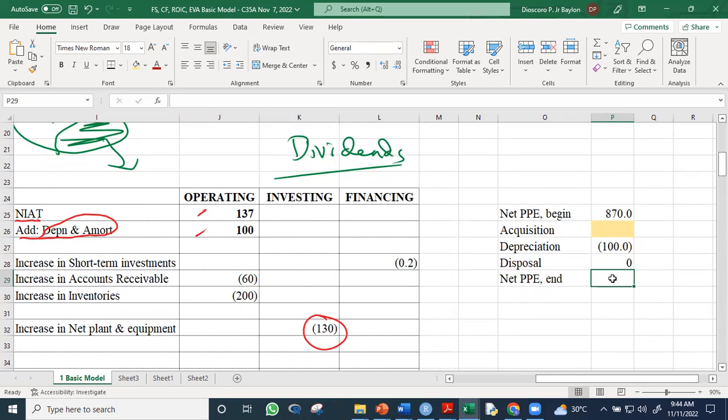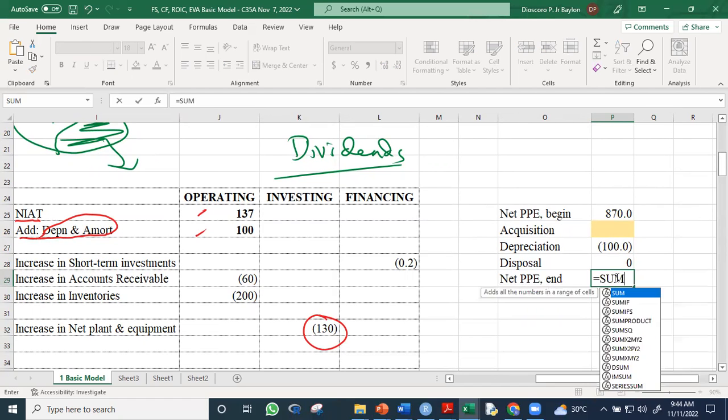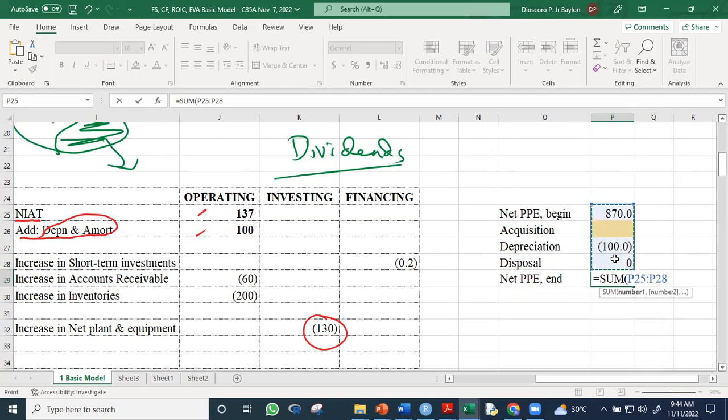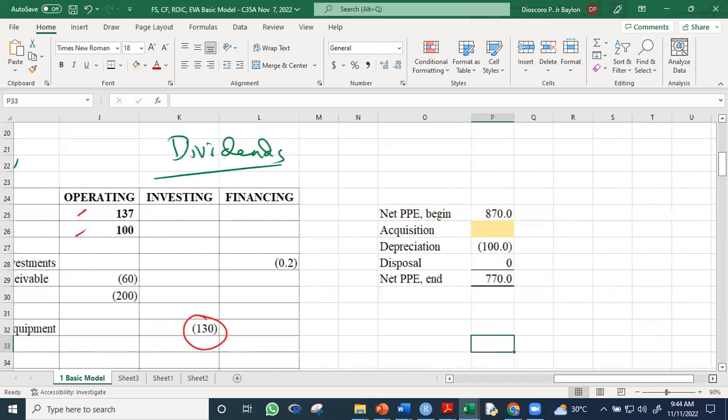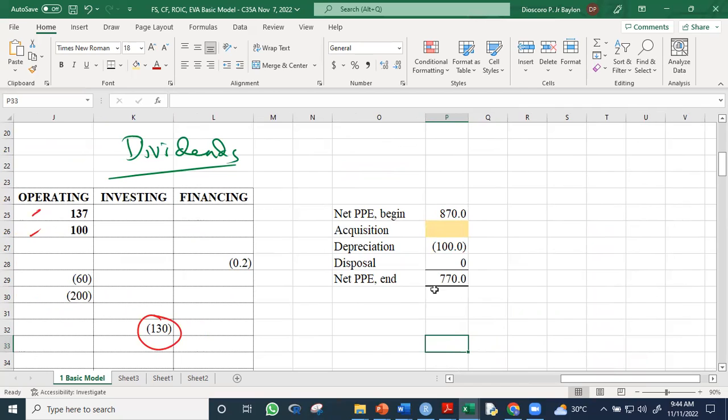We just sum this up: 870 plus acquisition plus depreciation plus disposal. Why plus? Because depreciation is already in negative sign. It turns out that your net PPE is 770.